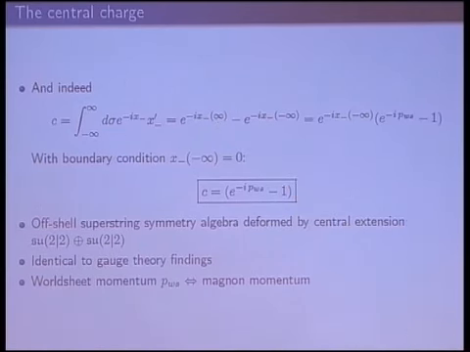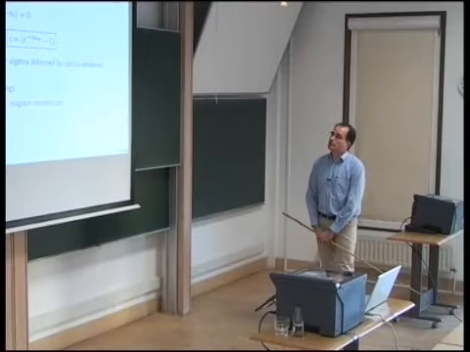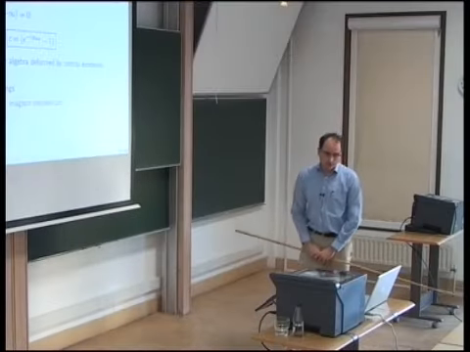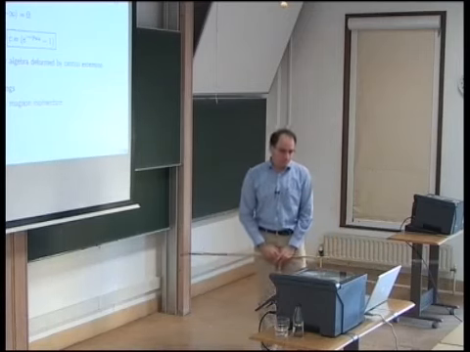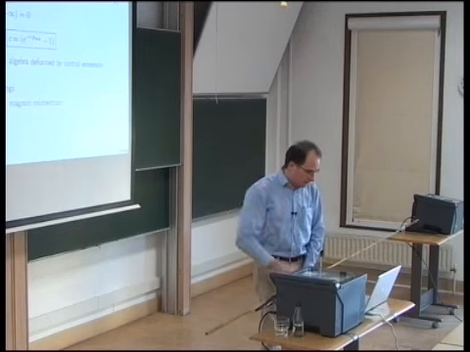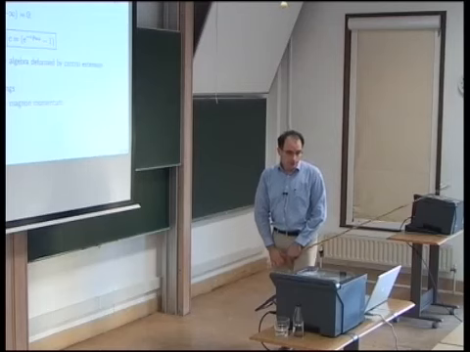So this is how you see how the supersymmetry algebra of a light cone string becomes centrally extended once you go off shell. And it's nice to see this parallel structure to the gauge theory.